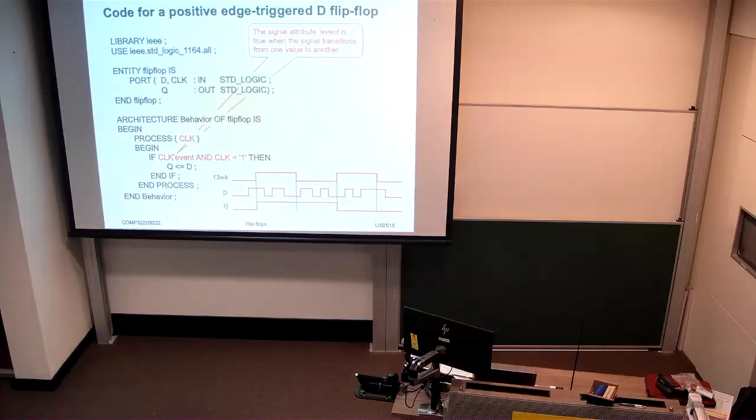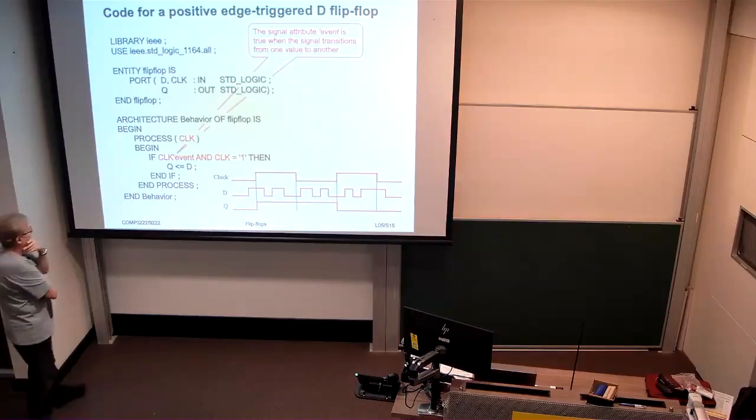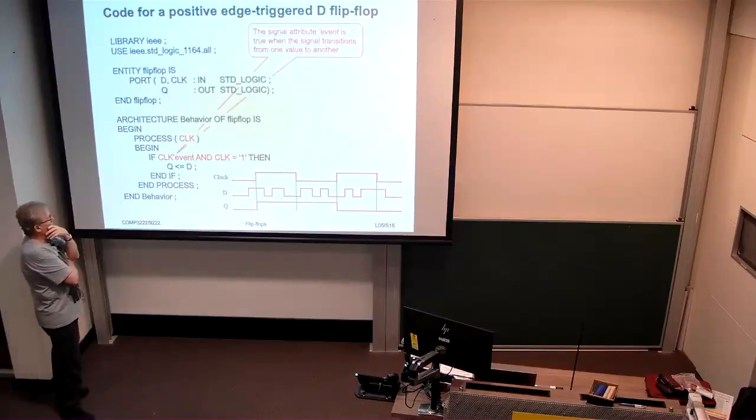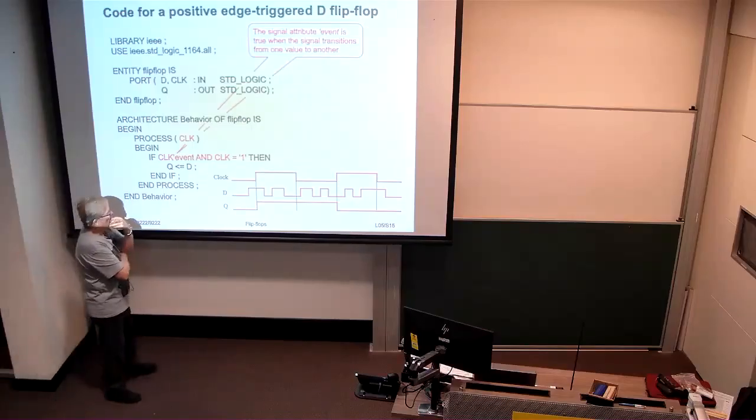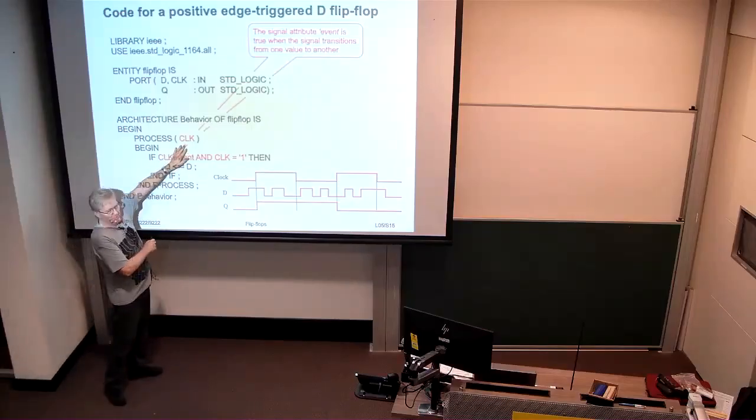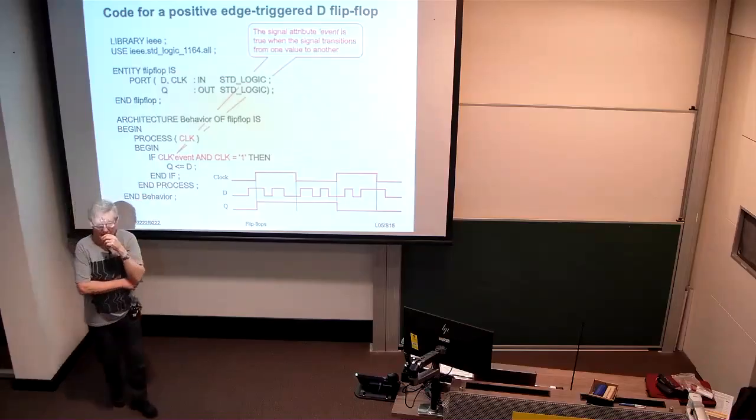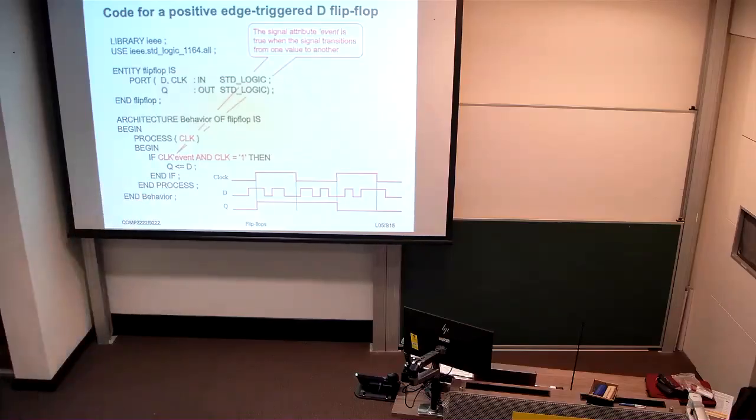Yes? In this case, we don't need the event one, right? Because it can only be a clock event, because we have no other identifiers in the process. Like the first condition in the if statement. No, so given that we only have the clock there in the sensitivity list, yes, it can only change state on the clock.